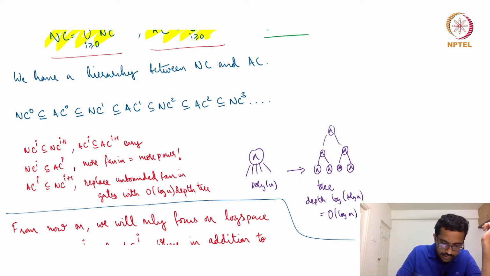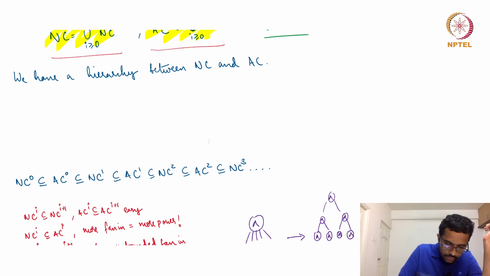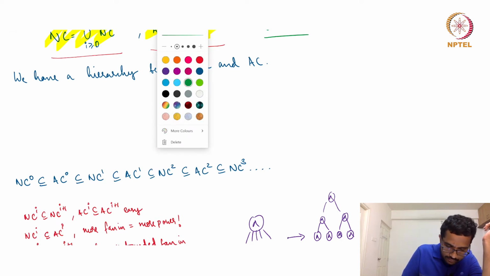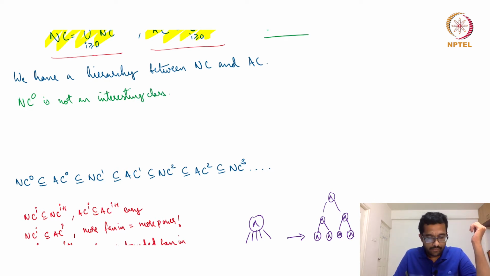And in this hierarchy, one interesting point I want to mention is that NC0 is not very interesting. It's not an interesting class. This is because you are allowing polynomial size and constant depth alone, with gates of fan-in 2.